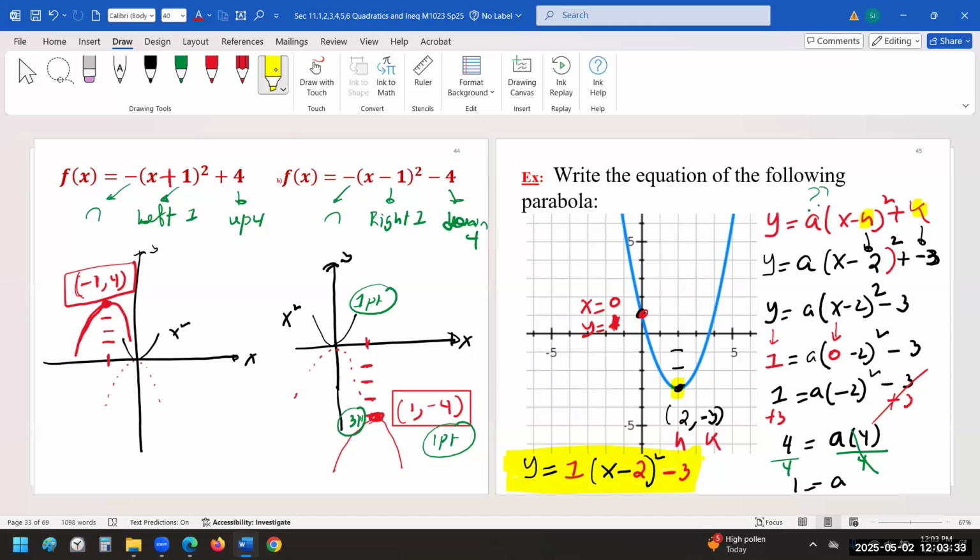See, all these questions, they have y and x, y and x. So we don't replace y and x in the final equation. We leave y and x, and we replace the leading coefficient, the h and the k. So you'll see this in your exam, probably, if I have space. But in your homework, definitely you're going to see this.